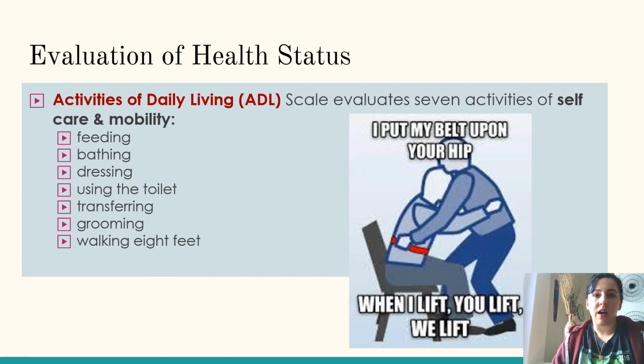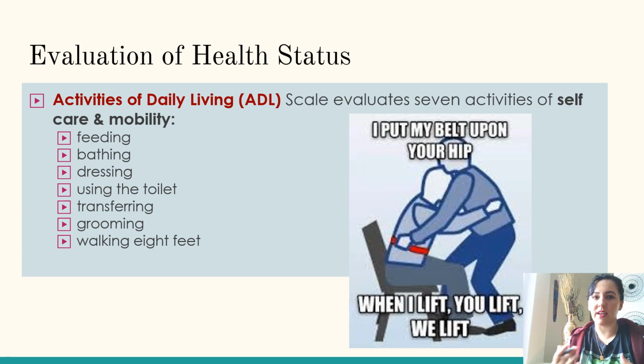First, the activities of daily living. This determines whether or not a person needs assistance with their daily living, whether someone needs a caretaker or to live in an assisted living center.